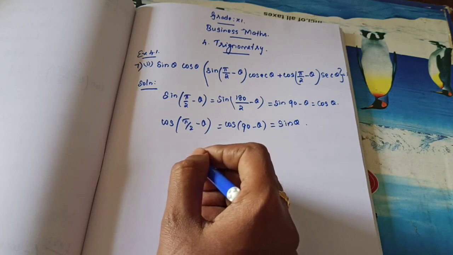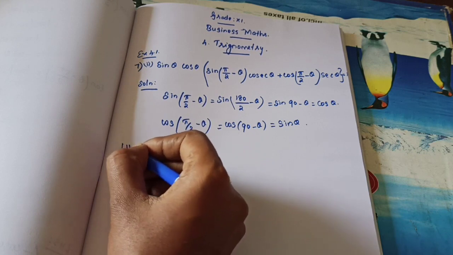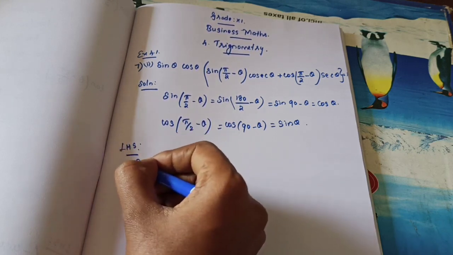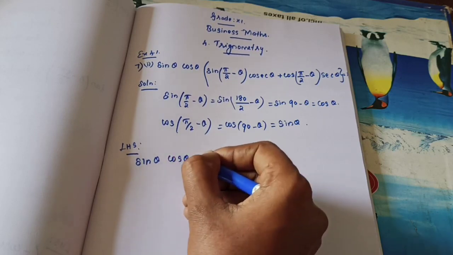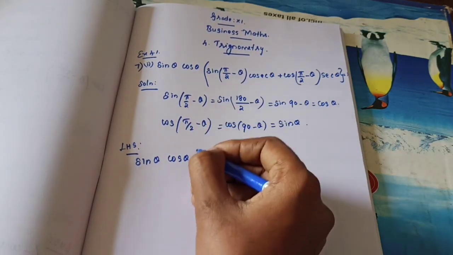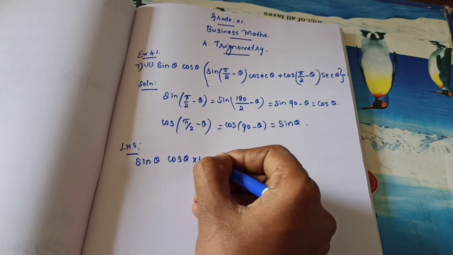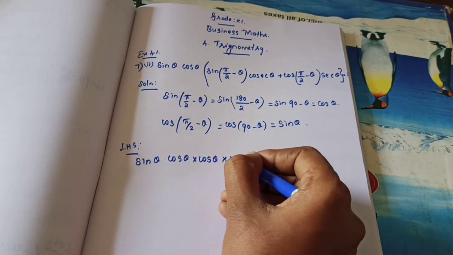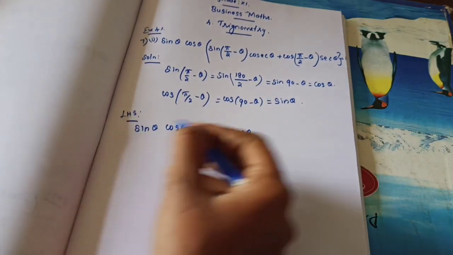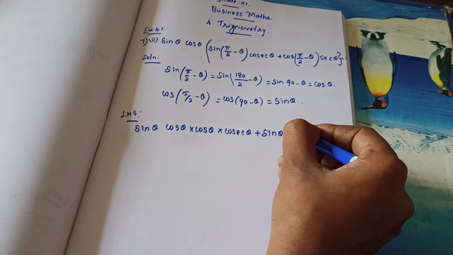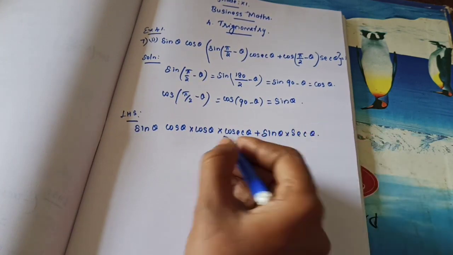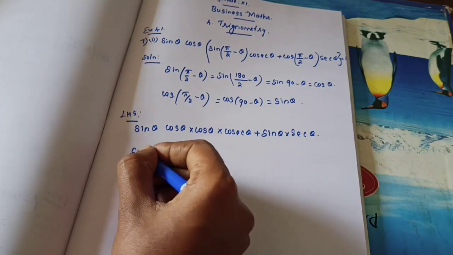Okay, so LHS. Shall we substitute? LHS: sin theta cos theta, in the place of sin of pi by 2 minus theta, cos theta, into cosecant theta, cos of 90 minus theta as sin theta, into secant theta. Now you can use the reciprocal ratio here.